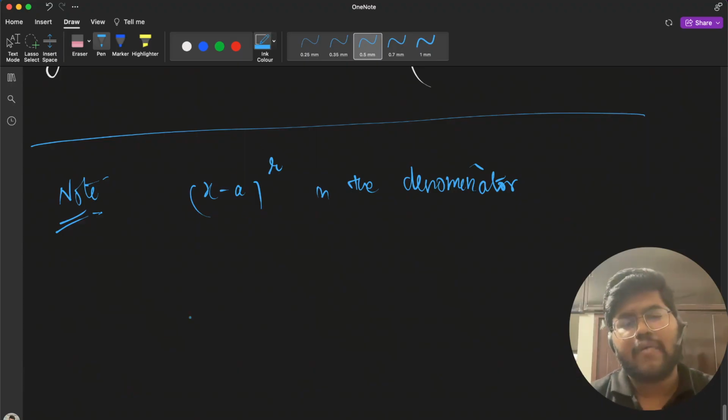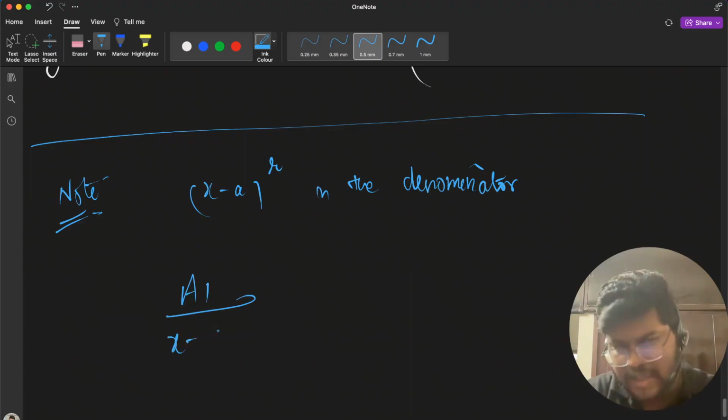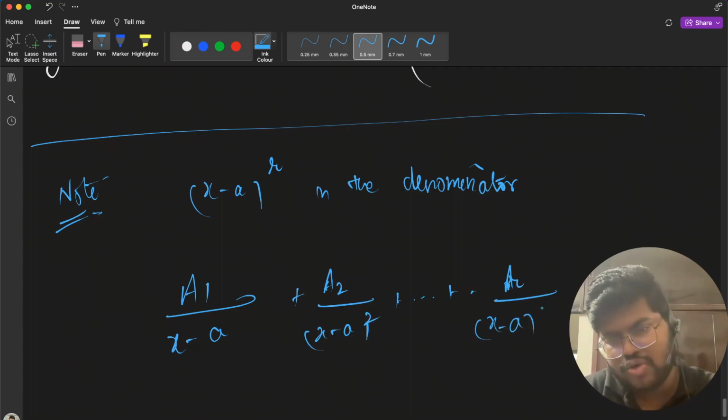So we can take it as a1 upon x minus a, plus a2 upon (x minus a) square, plus, and so on, ar upon (x minus a) raised to power r.